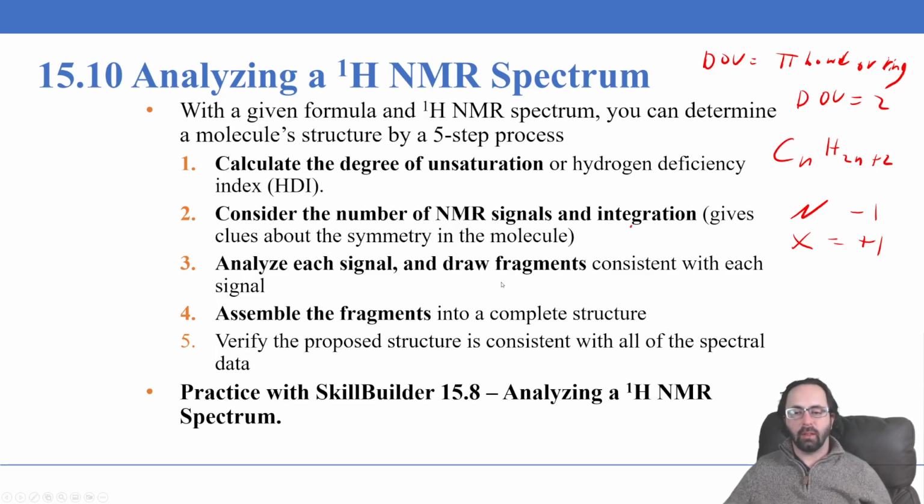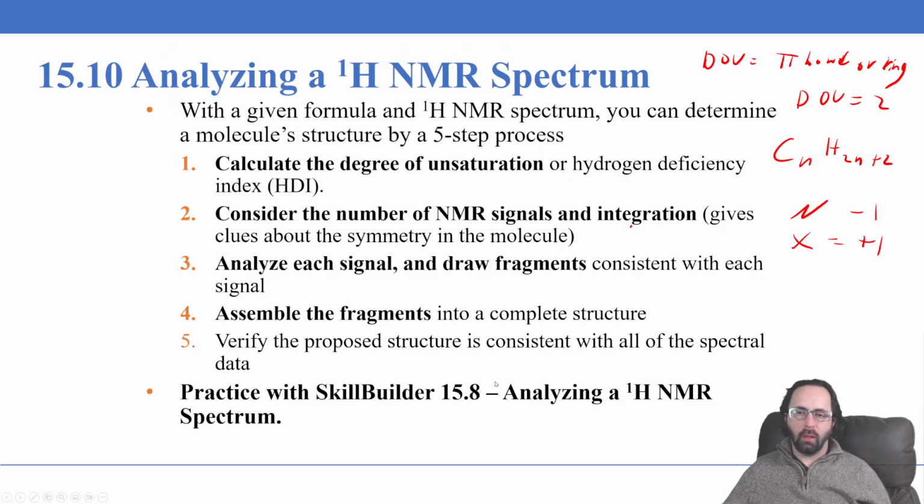So those can give us insight into fragments of the molecule. Finally, we try to put those fragments together to make a complete structure that is still consistent with the NMR. And finally, we verify that the structure is consistent by trying to assign each peak in the proton NMR.